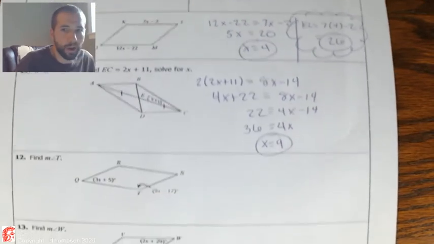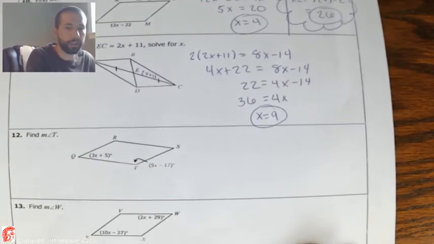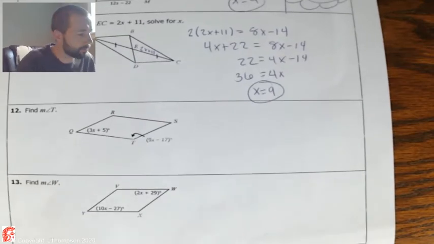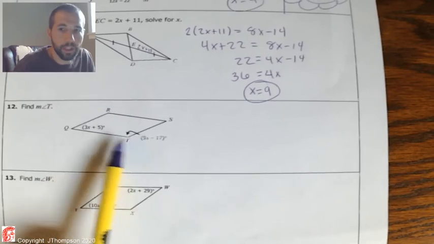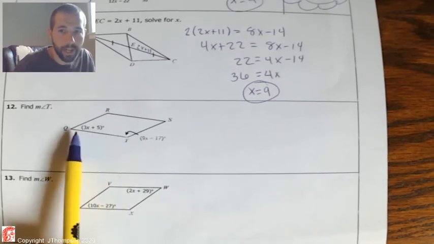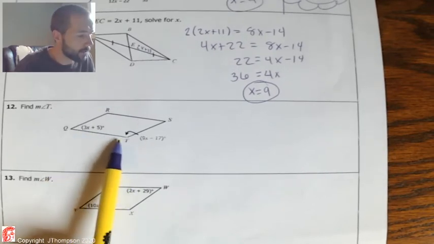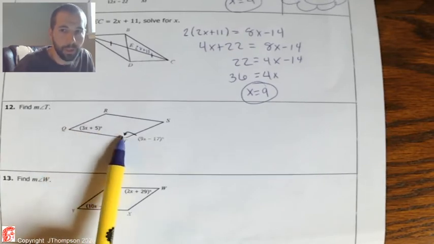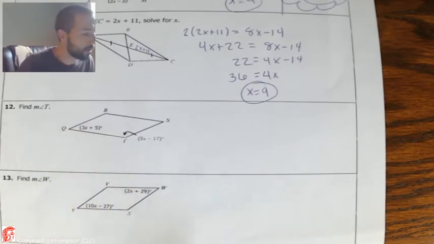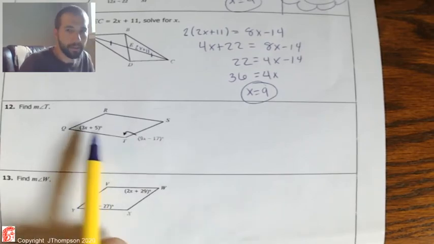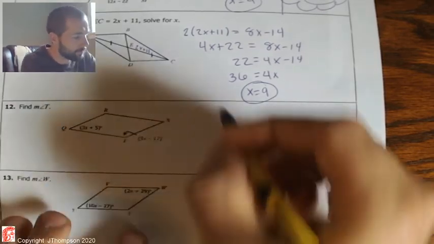Okay, moving on to number 12. So number 12 and 13, you might want to look at those together. Number 12, these are going to be consecutive angles because they're connected with side QT. One's acute and one's obtuse, so there's no way they're equal. The consecutive angles are supplementary. So we're going to add them together and set them equal to 180.